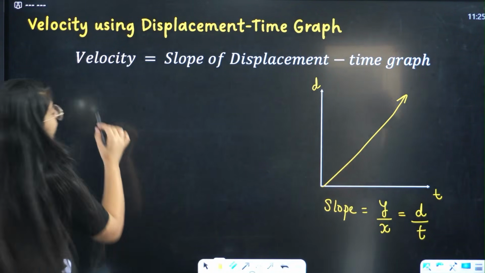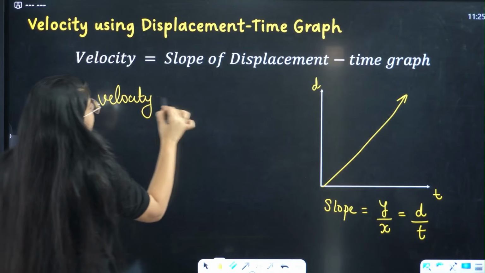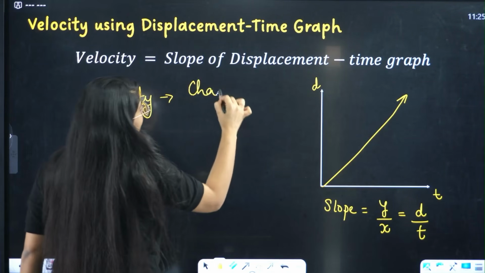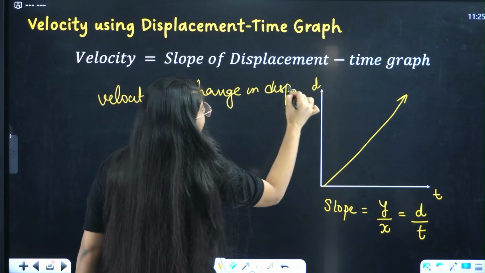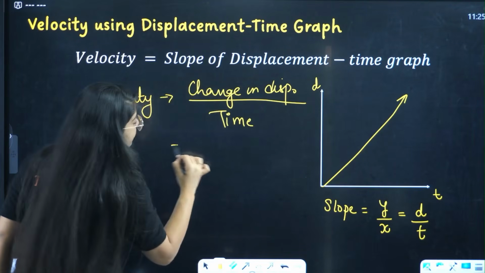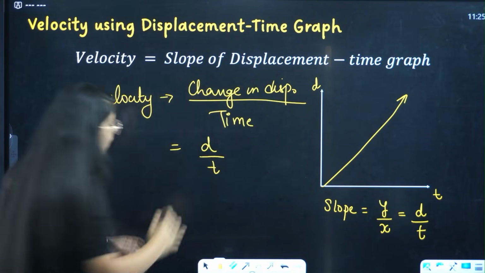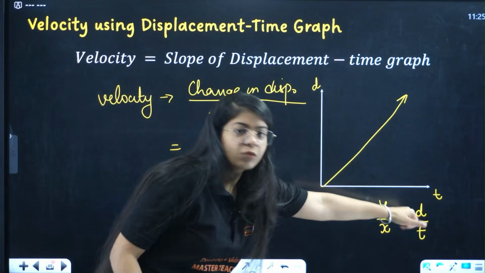Understood? So velocity. Now let me know the formula of velocity. Velocity is what? Change in distance or change in displacement divided by time. Displacement is d, time is t. Now velocity is equal to d by t, and slope is equal to d by t.